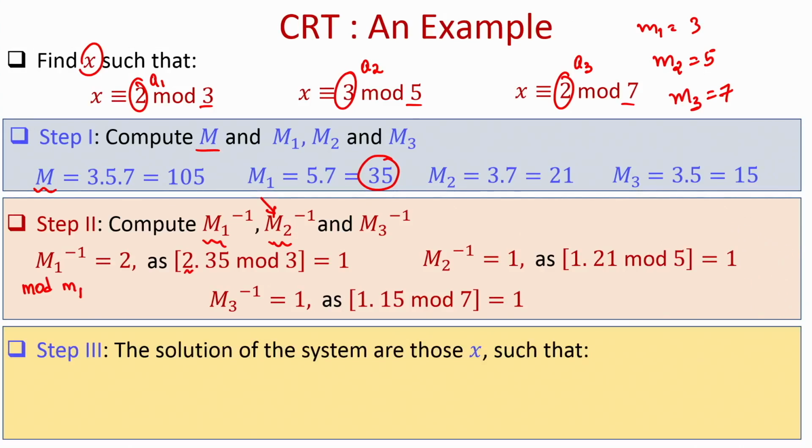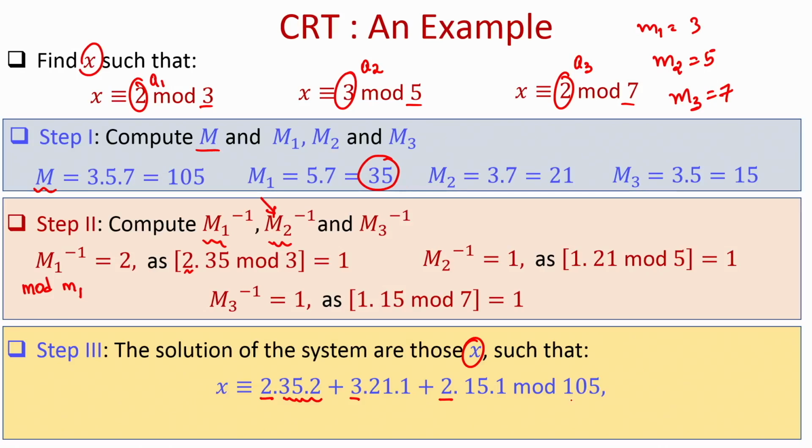So, then as per the Chinese remainder theorem, we will compute the value x, which is the linear combination of your a1, a2 and a3, and the linear combiners are the various M1, M2, M3 and their respective multiplicative inverses multiplied with each other.